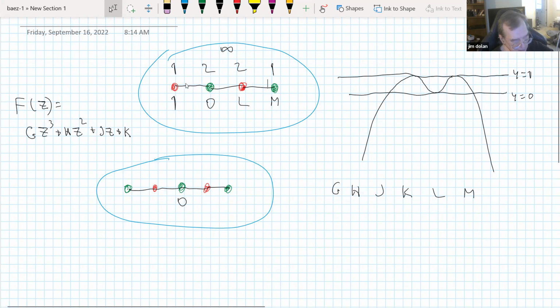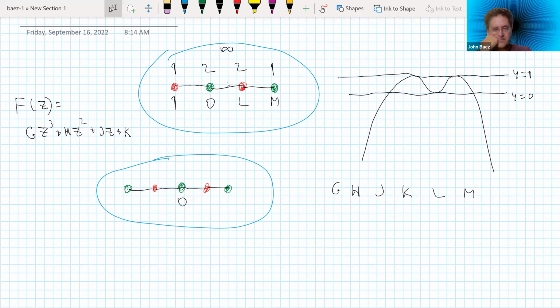Right, because we know the value up to 0th order at these endpoints, but at the middle points we know the function up to 1st order at those critical points.